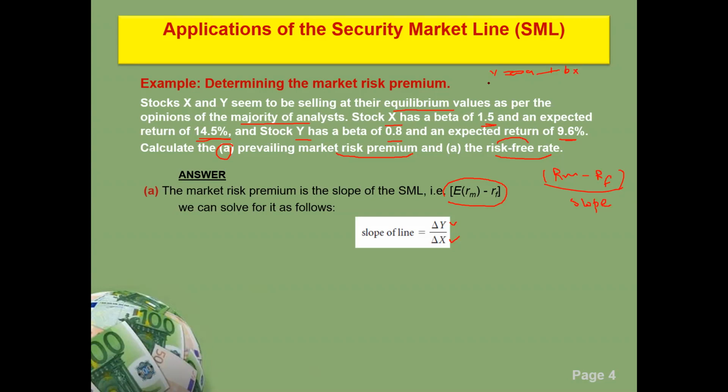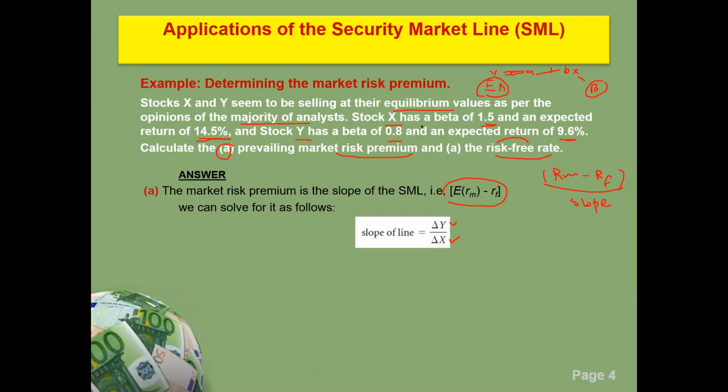Instead of y in CAPM, we have expected return, and instead of x, we have beta. So beta is our x, and expected return is our y, the dependent variable.